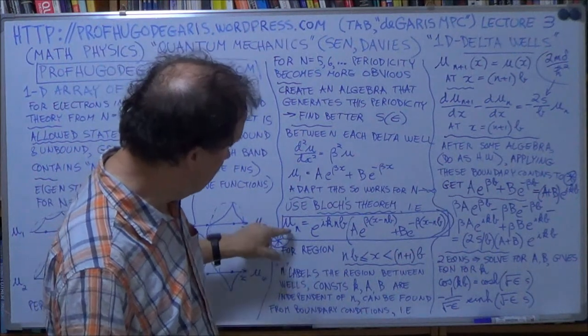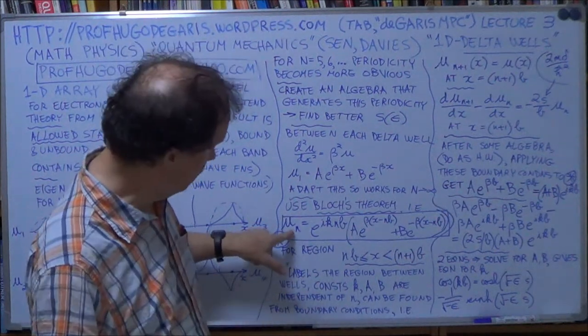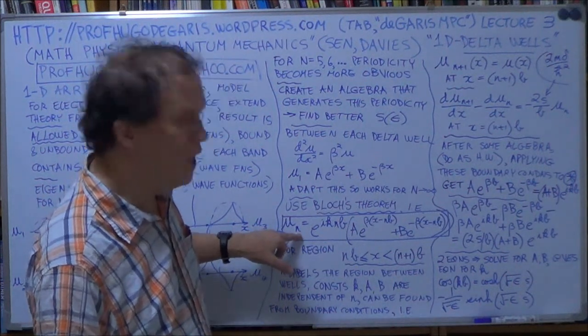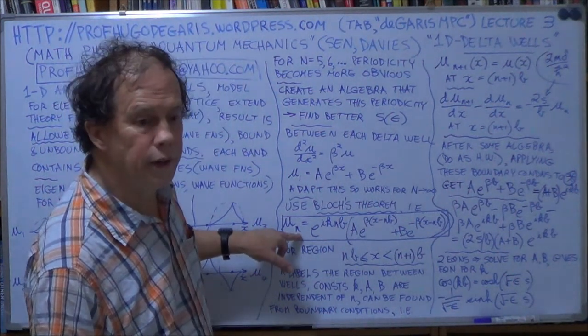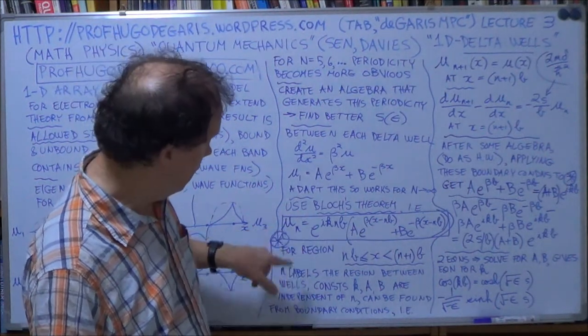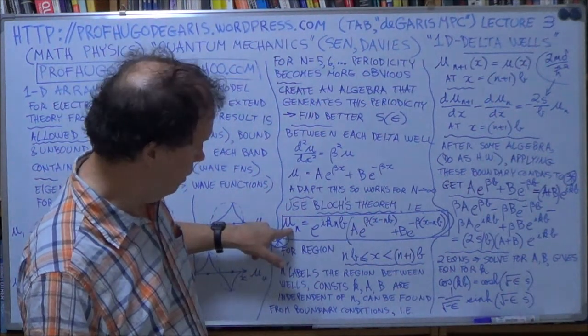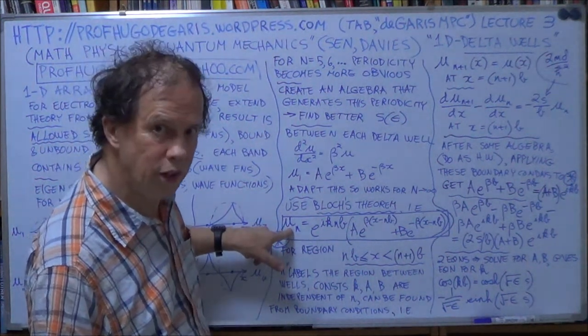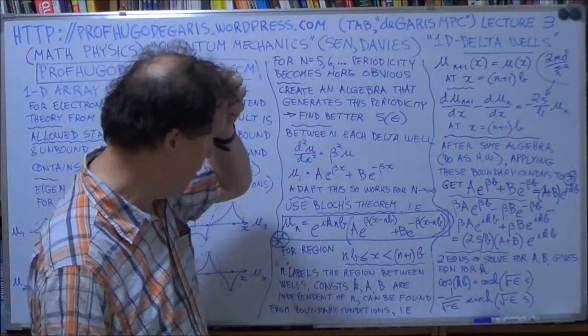And that's the solution. Repeat, that is the solution. That's your wave function when you have n delta wells, and this is the wave function that exists between two neighboring delta wells.